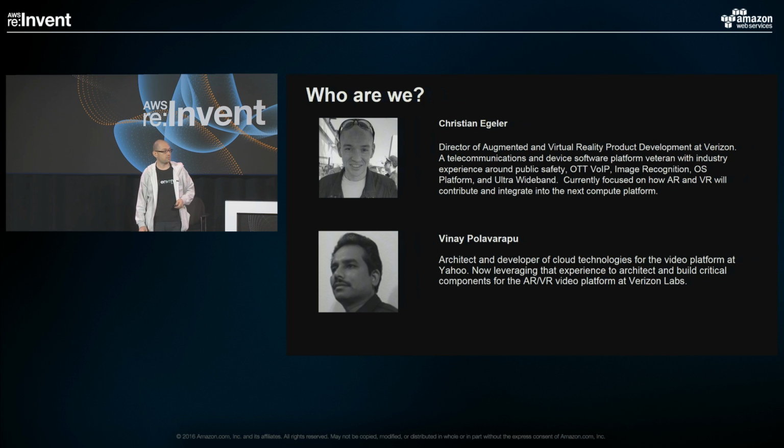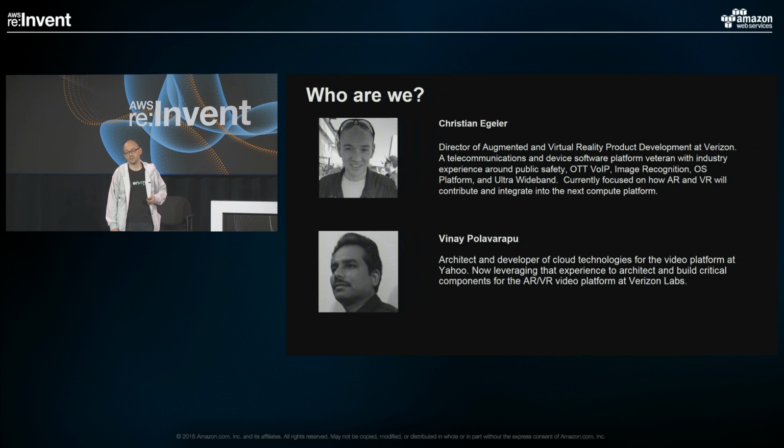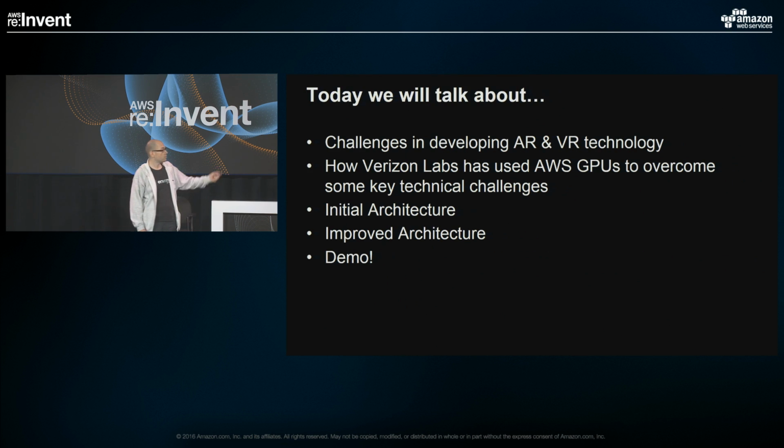And then with me, who's going to speak afterwards and really dive into a lot of technical detail, is Vinay Palavarapu, who is our chief architect for computer vision for the environment platform at Verizon Labs. So what we're going to be talking about in this presentation today is some of the challenges that are there now in developing AR and VR technology, as well as how Verizon Labs has used the GPU infrastructure on AWS to overcome some of these key technical challenges.